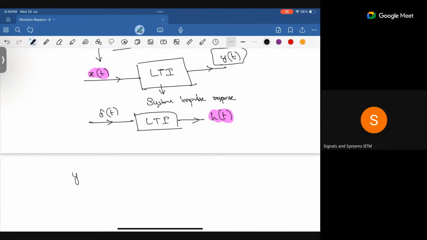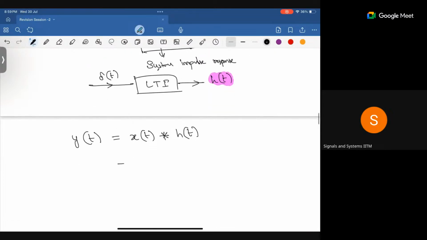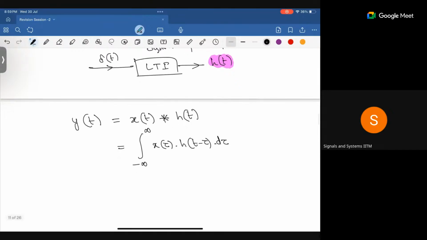So this y of t, I can write as x of t convolved with, it's not a product, convolved with h of t. The mathematical expression is the integral from minus infinity to infinity of x of tau h of t minus tau d tau, or, using the properties of convolution, this can also be written as the integral of h of tau x of t minus tau d tau.